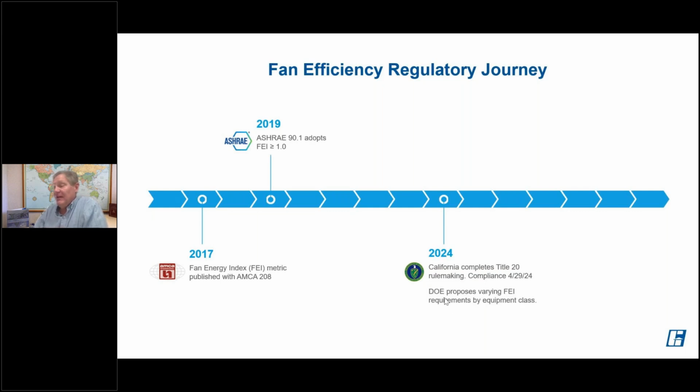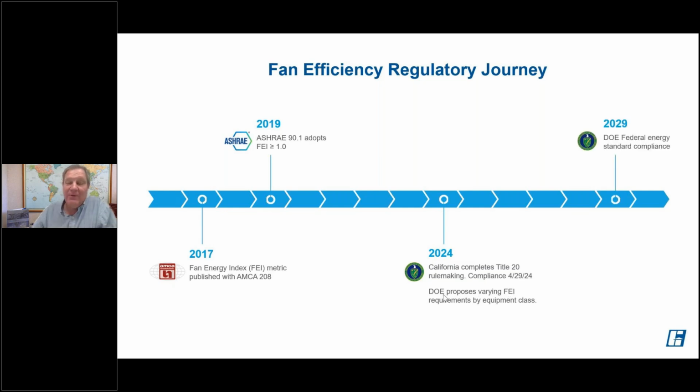The DOE also remains very active. They've published a proposed rule on fan energy requirements based on FEI as well. The requirements are based on equipment class, though. It's not just looking at fans as an overall equipment type; it's actually going into the different types of fans, which we'll talk about in a minute. Once the DOE rule goes into effect, that would preempt these individual state regulations like California Title 20.